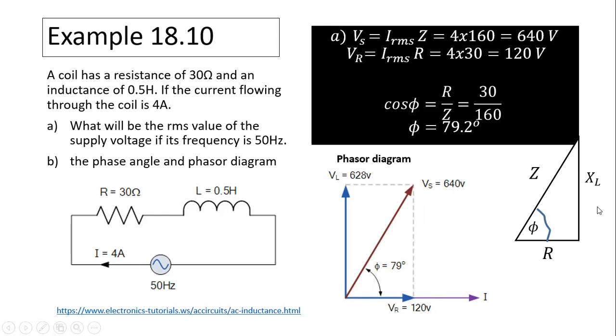And then, as I say, you can use cos, you can use sine, you can use tangent, whichever is easier for you. So in this case, I use cos, R over Z. R is given, Z we have calculated previously. That's how we get our phi.